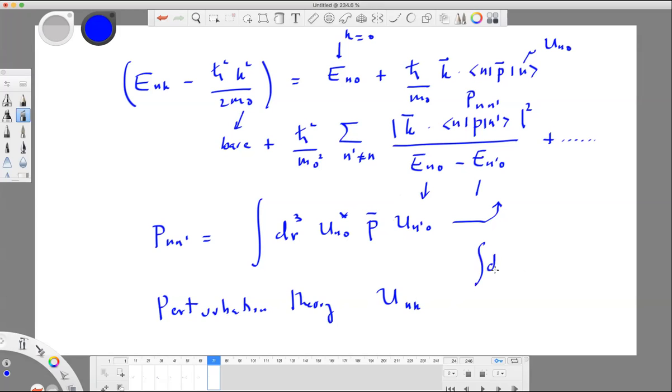So we have that these wave functions obey this relationship, the integral of u_n0 conjugated with u_n'0 is a delta function, delta_nn'. Orthonormal set. Okay, very good. So we know this, and here is a full solution of the problem.